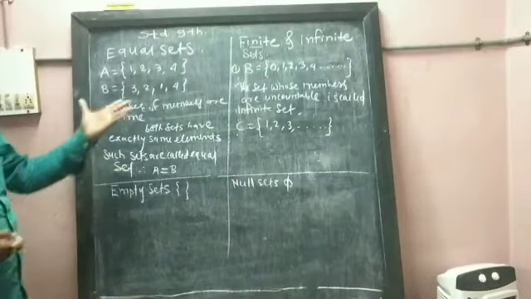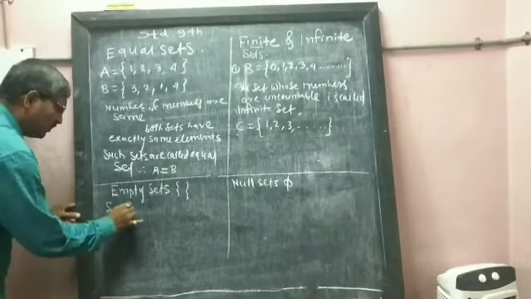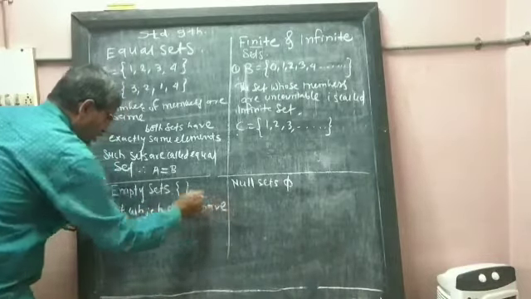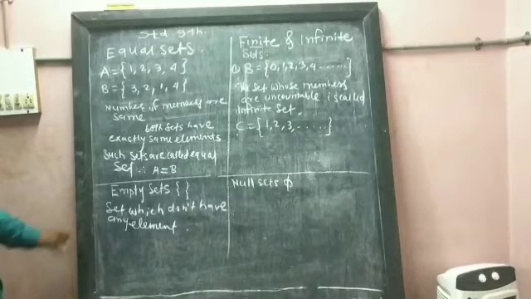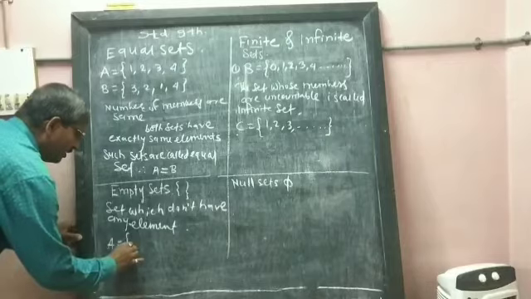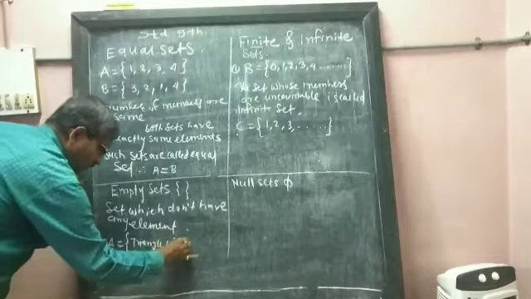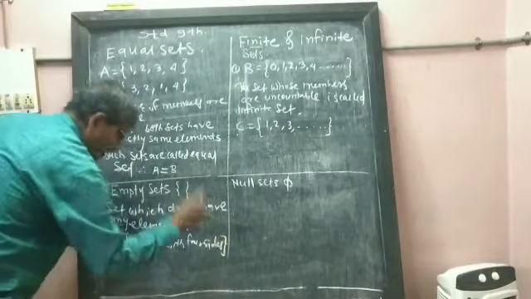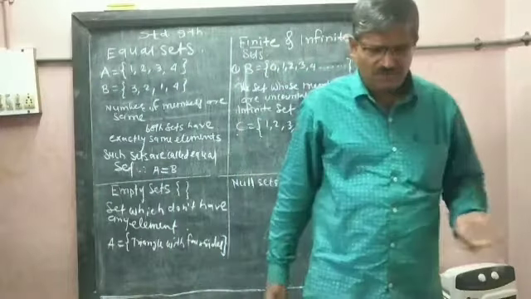If there is no difficulty, then we will go to empty set. Empty set means what? A set which doesn't have any element. For example, A is a set. We are writing triangle with 4 sides. Triangle with 4 sides. Is there any triangle having 4 sides? No. Therefore, it is an empty set.